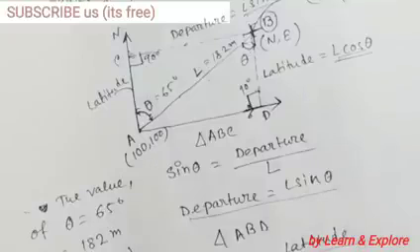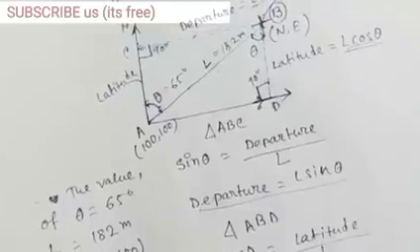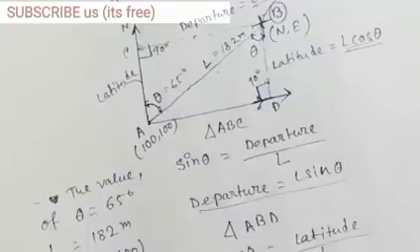It does not matter if the value comes negative, we should also add it in a negative manner. If the value is positive, we simply add it. For finding the northing value, we add the northing of the known station and the latitude of the current line, and for finding the easting, the departure plus the easting of the previous station.